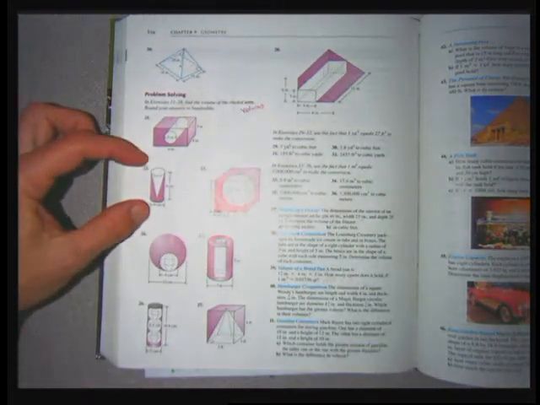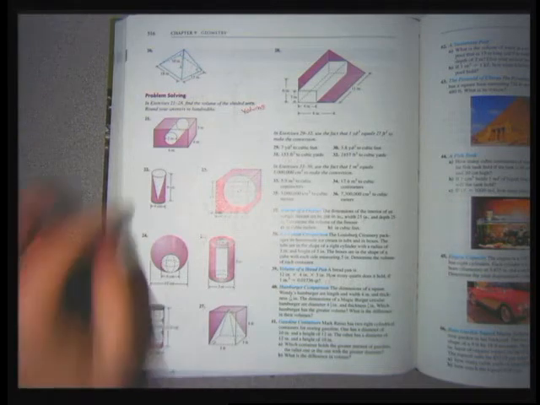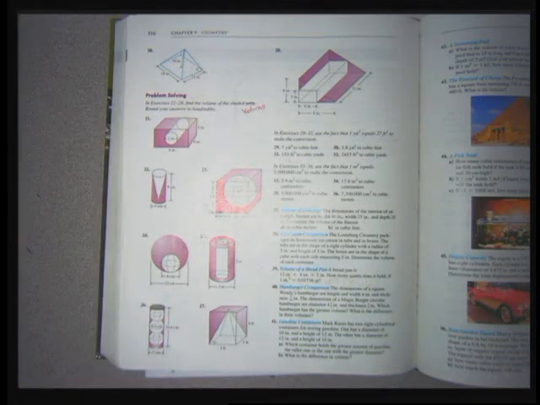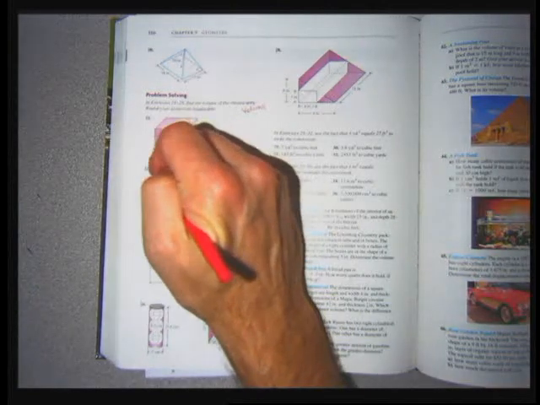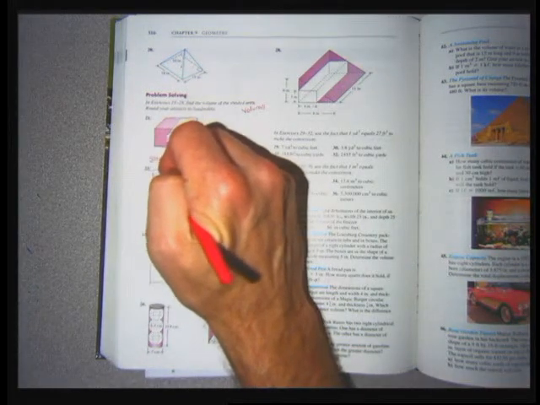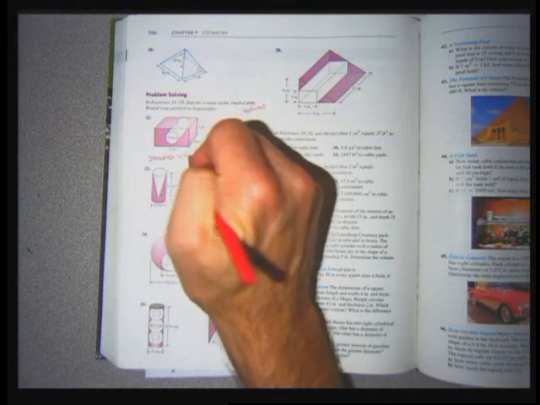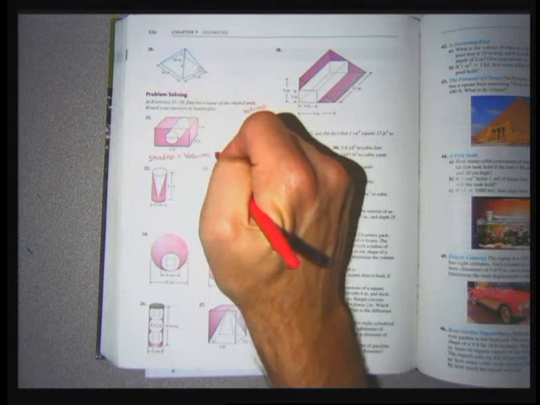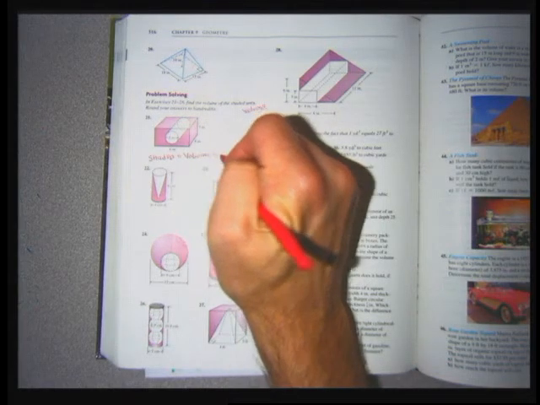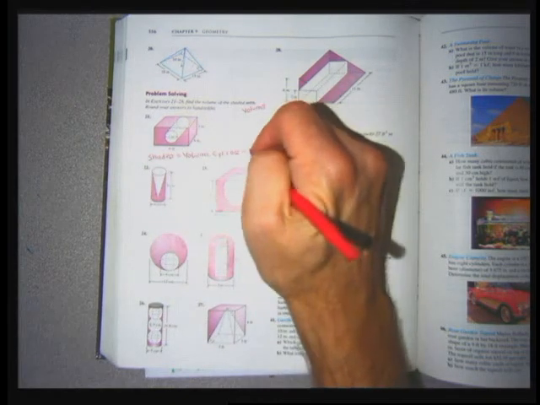So let me try to explain problem 22. In problem 22, I have a cylinder and a cone inside a cylinder, and the shaded volume, or the shaded region might be better than volume, is going to be the volume of the whole cylinder minus the volume of the cone.